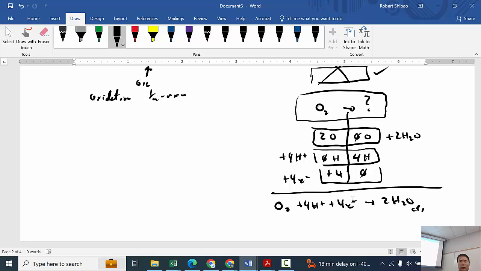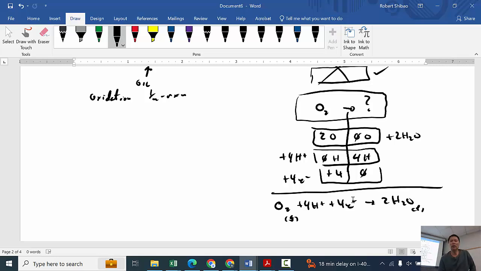H2O is a liquid, O2 is a gas. And so let's check if this is balanced. So I have 2 oxygens, and then 2 oxygens over here, 4 hydrogens, and the net charge is plus 4, minus 4 is 0, and this is 0. So this is a balanced half reaction.